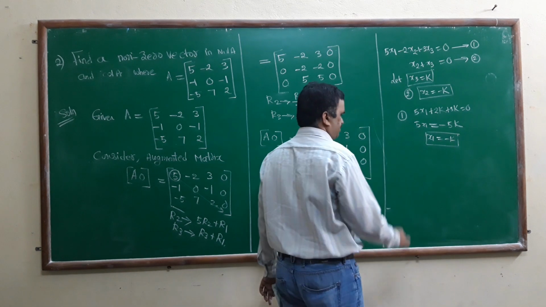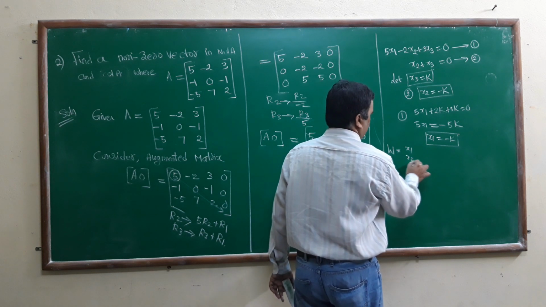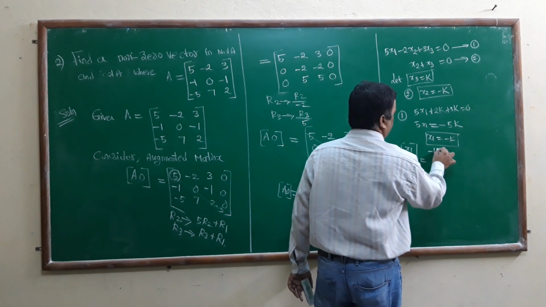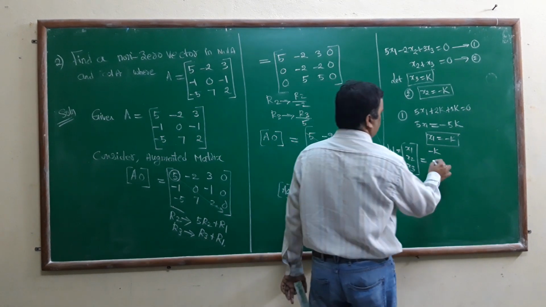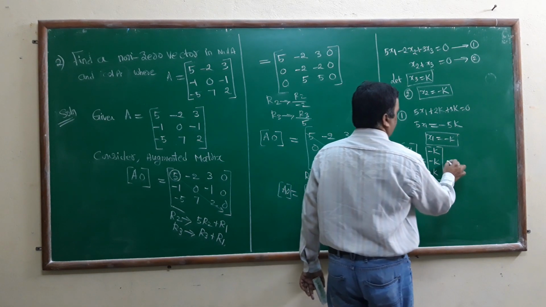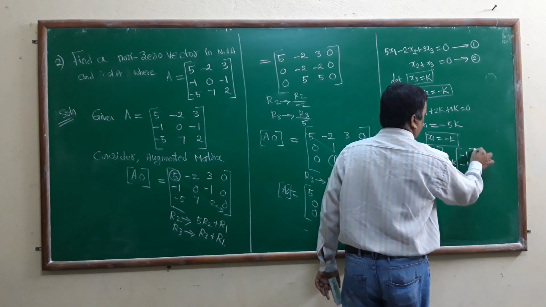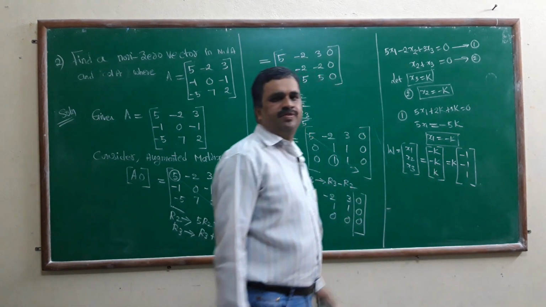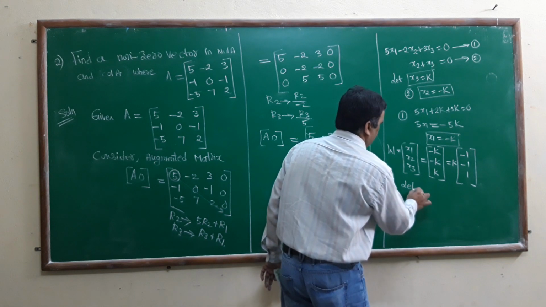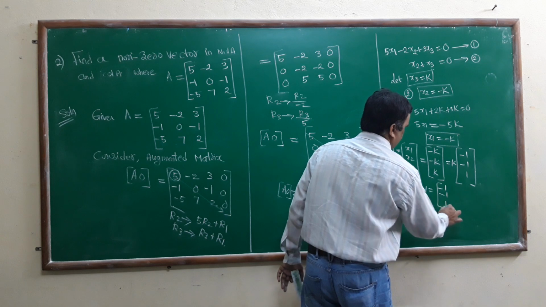So I can write the vector, I'll assume w is equal to x1, x2, x3, which is minus k, minus k, k. Take k common, simply we get minus 1, minus 1, 1. This is a non-zero vector in null A. Let w be equal to minus 1, minus 1, 1.